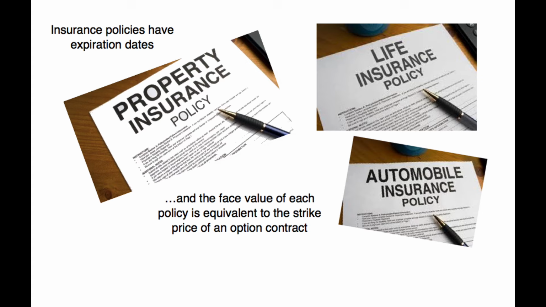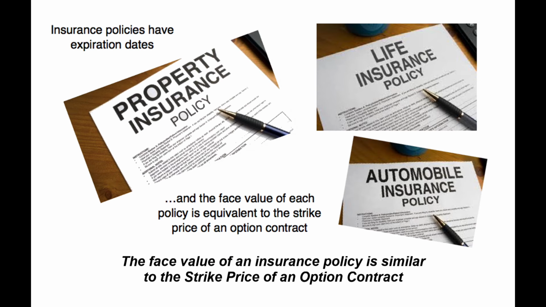And so like a life insurance policy, for instance, or an automobile insurance policy, you have the coverage known as the face value, right? The face value is the amount of coverage that you're purchasing for the premium that you pay. Now, this is, again, a very, very brief explanation of what the put option is.